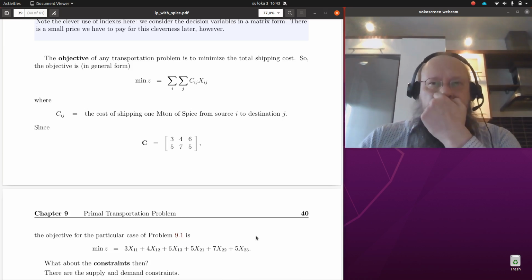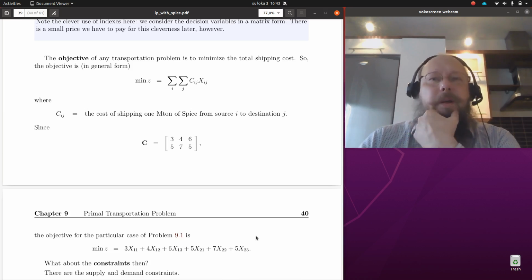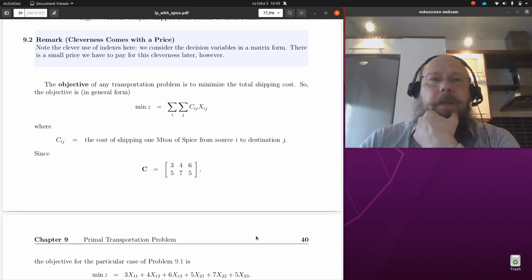All right, so now we know the decision variables and we know the objective function. What is next? The constraints. So what are the constraints we have in this problem?